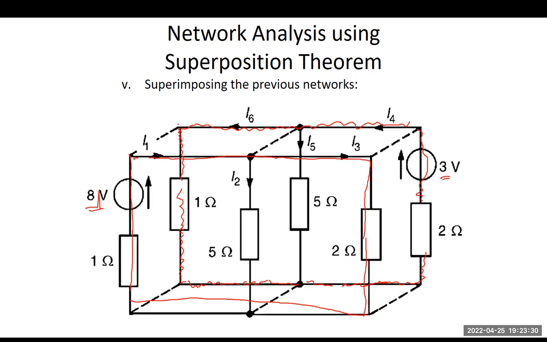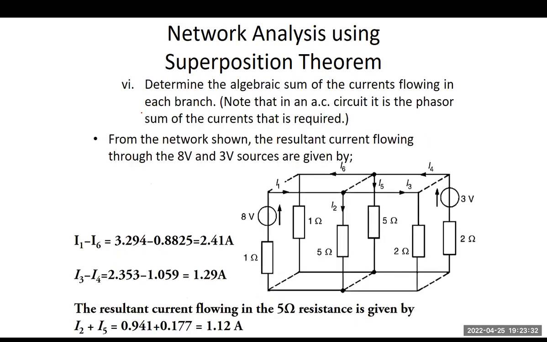When we superimpose this, we will notice that I sub 1 and I sub 6 are in opposite direction. Therefore, the current flowing here would be I1 minus I6.